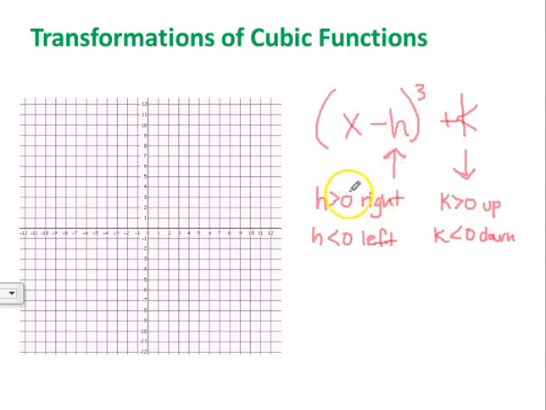Same thing is true. If h is greater than 0, we're going to the right. Remember, it's always x minus though. And if h is less than 0, you're going to the left. If k is positive, we're going up. If k is negative, we're going down. And you'll learn more in depth with that in those Schoology lessons this week.